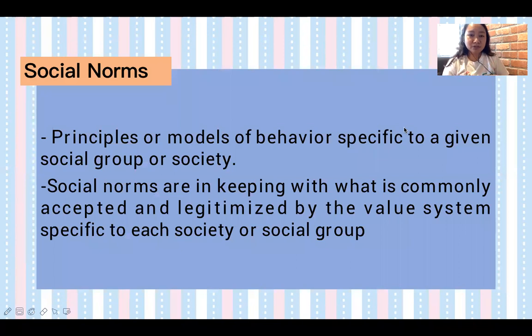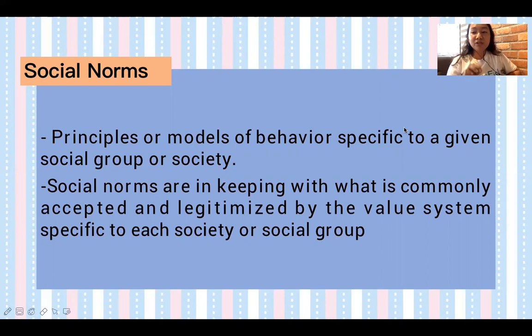So, talking about social norms. It is important to be clear about the definition of social norms, since we will always be talking about social norms in the course of our discussion about deviance. When we say social norms, these are the principles or models of behavior specific to a given social group or society.